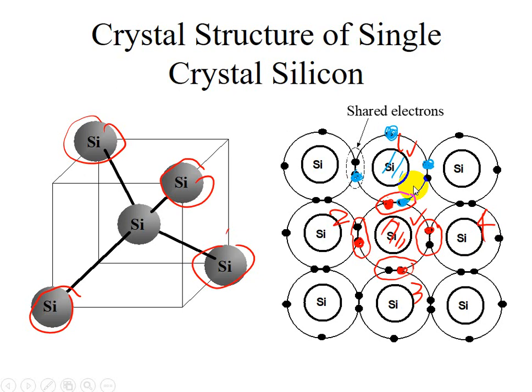In that case, when the center silicon atom forms covalent bonds with 4 other atoms, it will form an atomic structure similar to argon. Argon has 18 electrons.